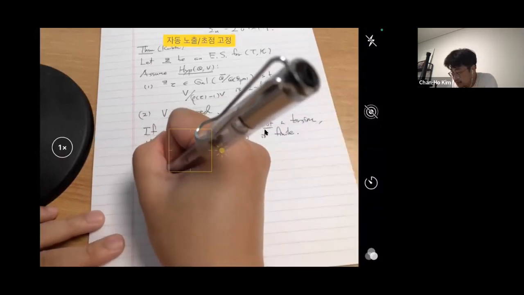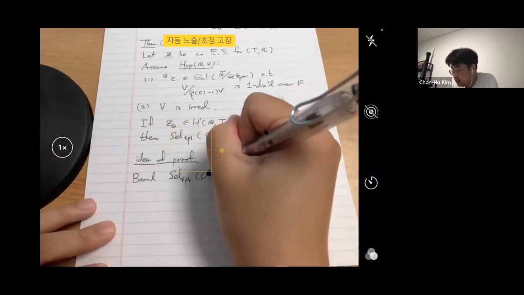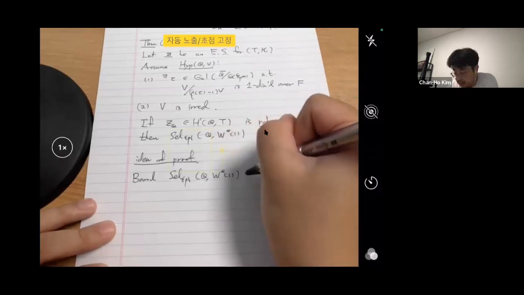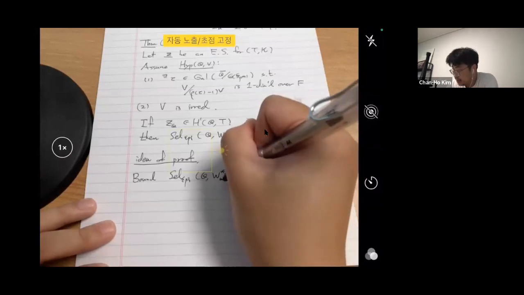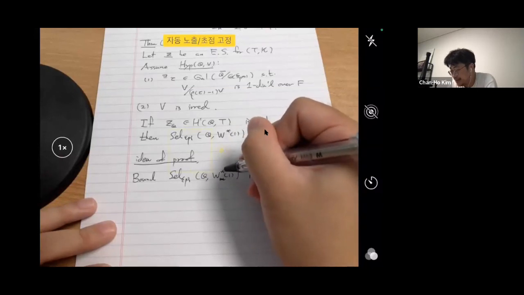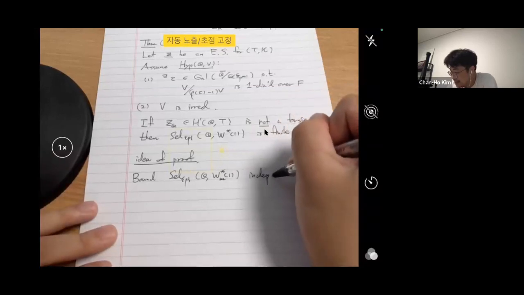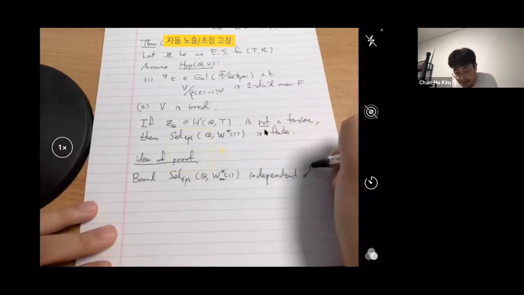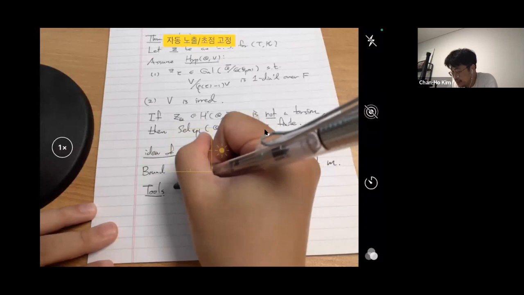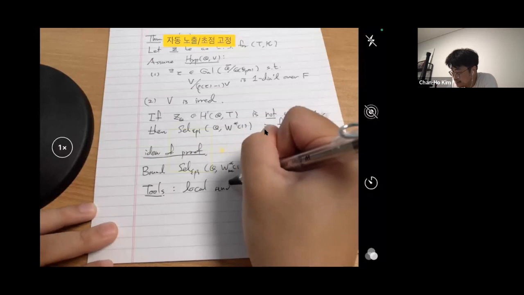So bound the Selmer group of W_m star, sorry, it's taking the dual of W_m, independent of m. And all the tools are the same as before. So as in Francesca's lecture, it is local and global dualities.